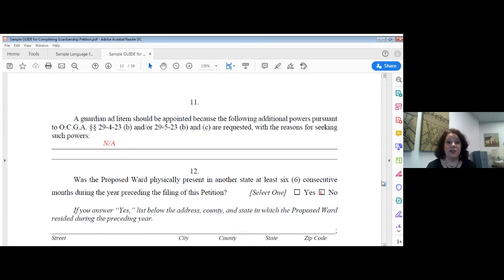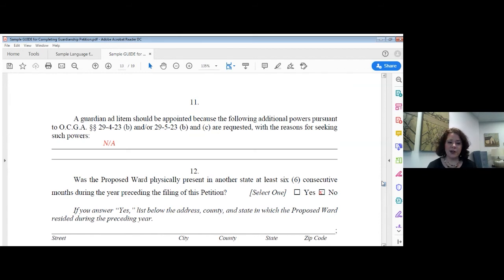But if the evidence shows otherwise at the conclusion of the hearing, then the court's going to make their ruling. So I wouldn't be concerned that just because your child's going to be stubborn, that it's going to be a true obstacle to you getting guardianship, unless there's some validity to it.